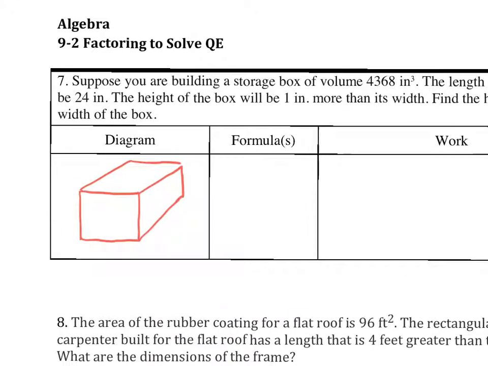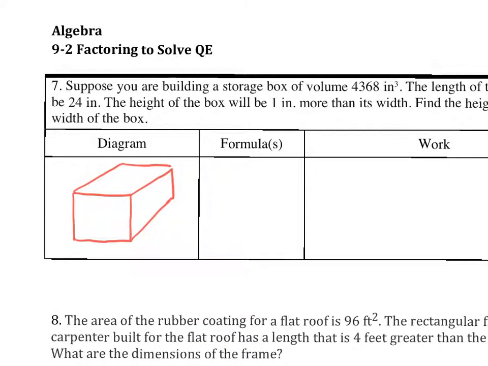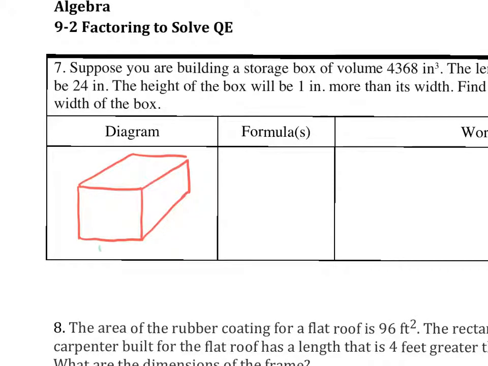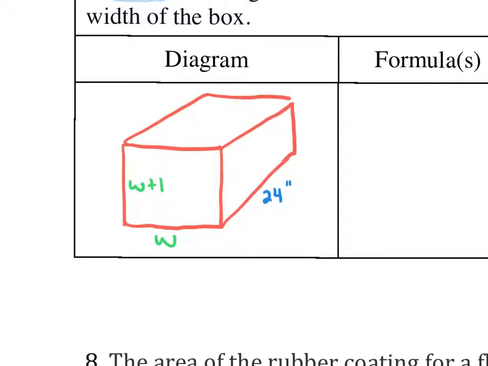It says that the height of the box is 1 inch more than the width. So if I call this W, since I don't know what it is, then the height is W plus 1. Now it does say that the length of the box is 24, so I'll put 24 inches over there. And if you have forgotten, the double apostrophe means inches.